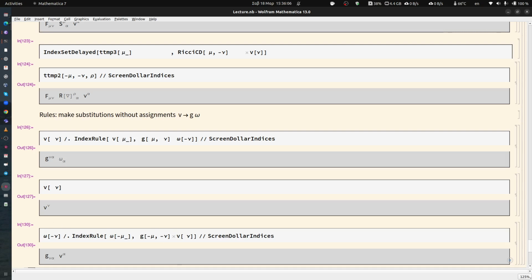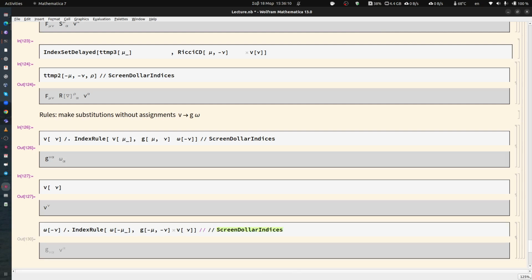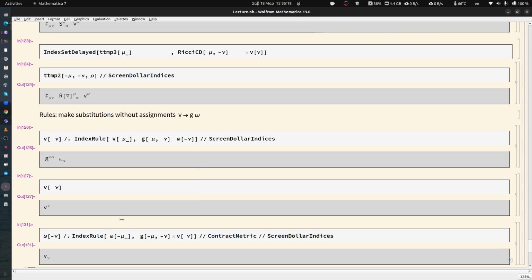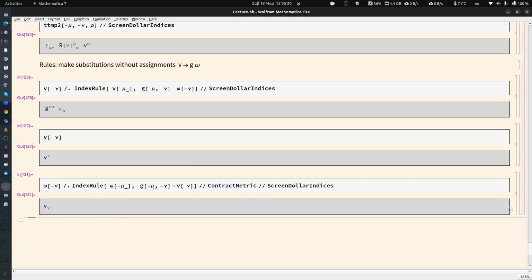So by applying ContractMetric, we can have, in place of the one form omega, the one form v.